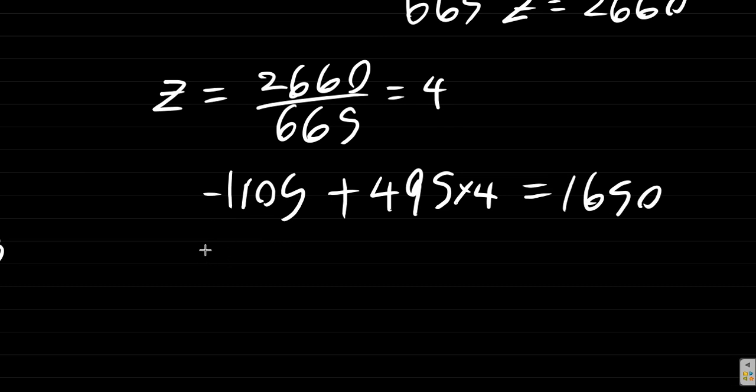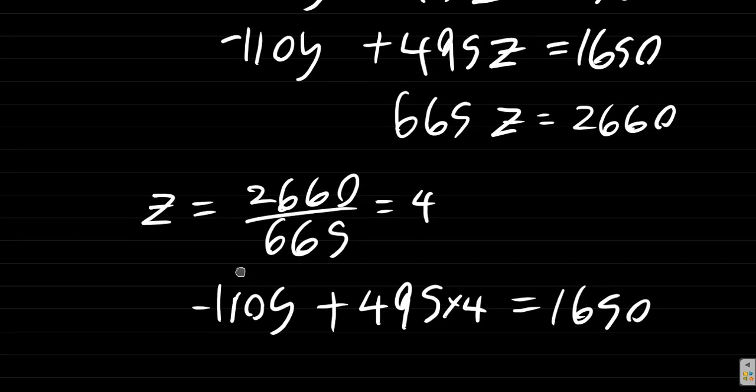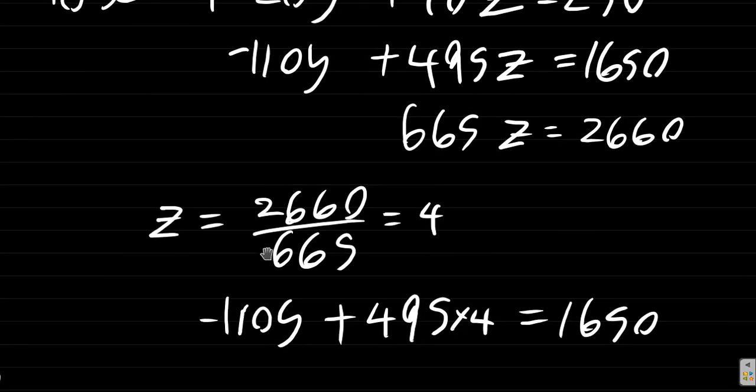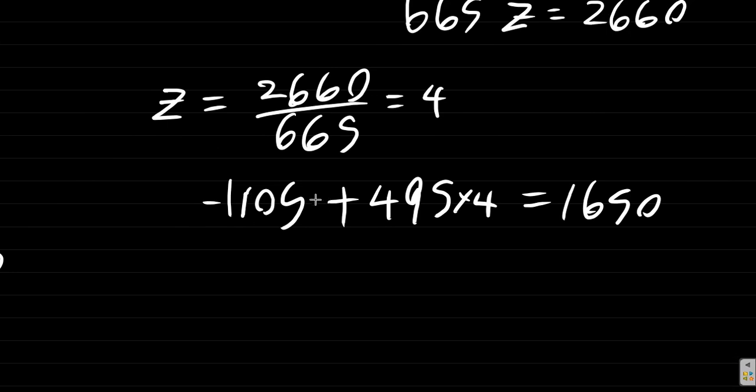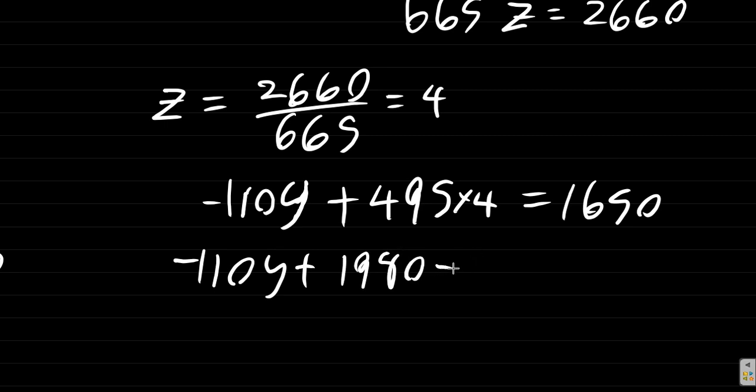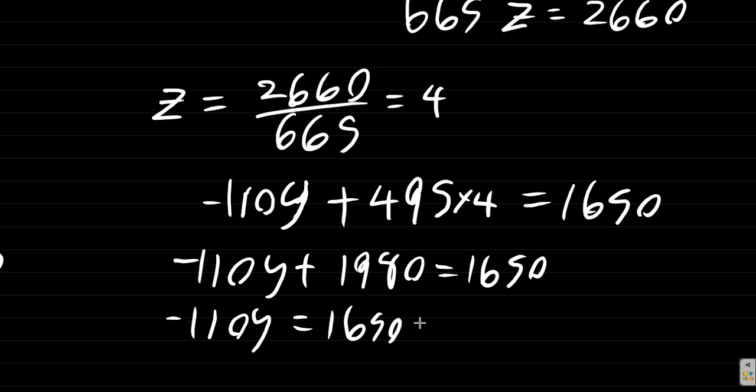So what we have is, let me rewrite this properly. So we have negative 110y plus then 495 times 4 will give us 1980 equals 1650. So negative 110y equals 1650 minus 1980.